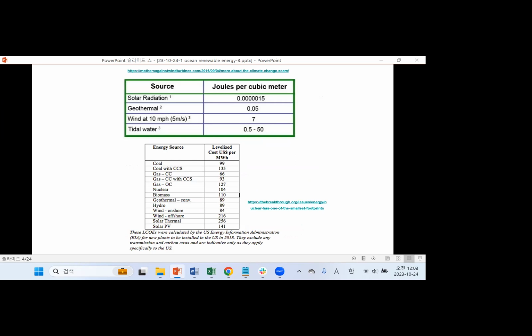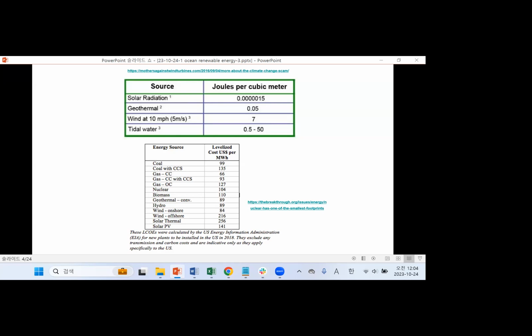So it is another view, the size of equipment, and solar is not good in terms of size. It should have a big area, and energy sources are also at the bottom.